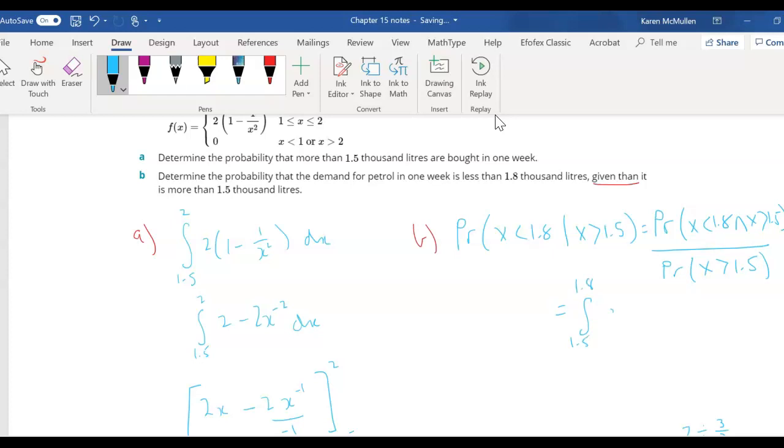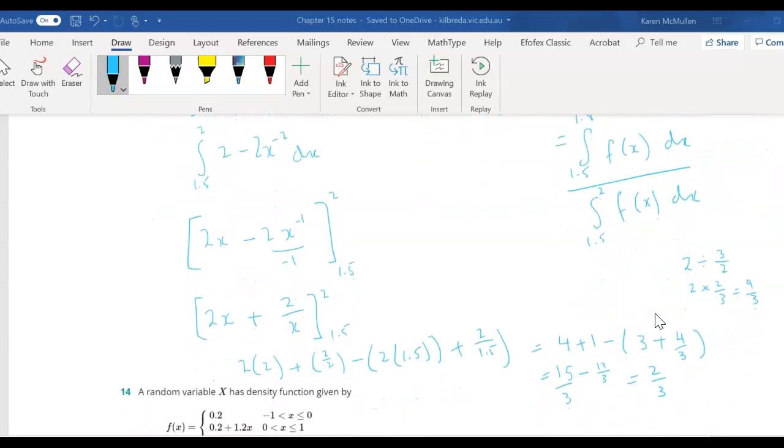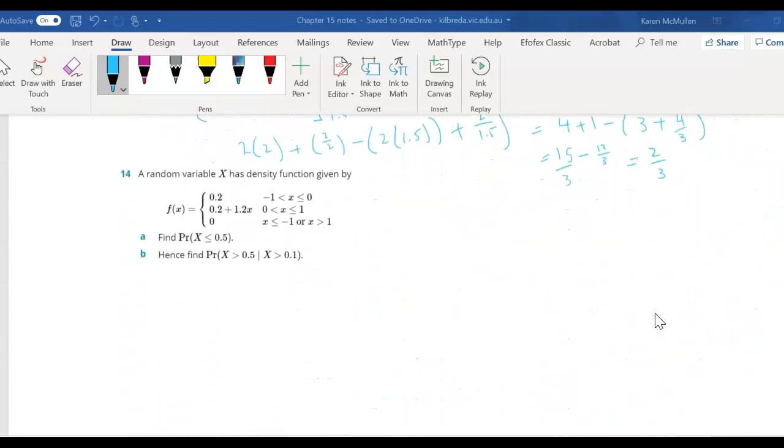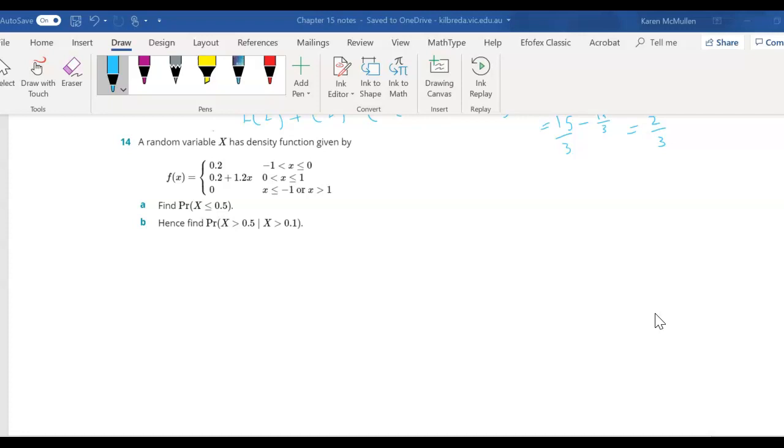And then you can just put your function in. And that is over x is greater than 1.5. So we're going from 1.5 to 2 of f of x. And you can just go ahead and do that by hand or on your calculator. So you actually did the denominator in part A. So you only have to do the top part again. You don't have to do the denominator. All right, question 14.